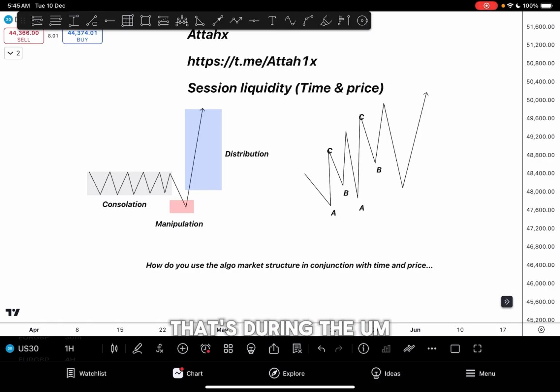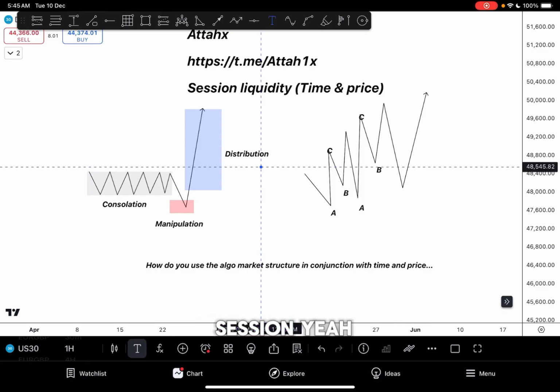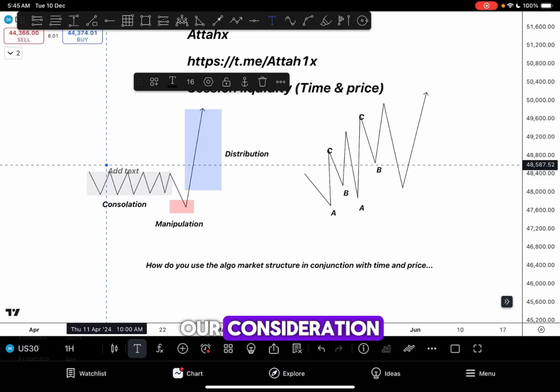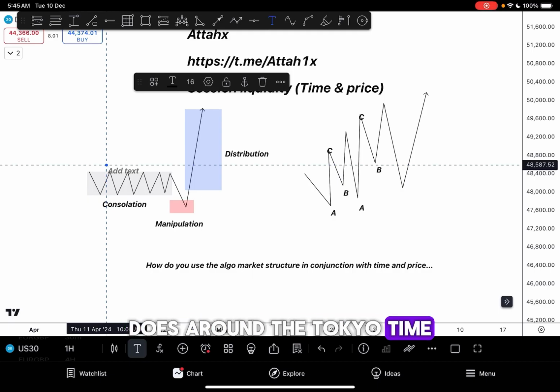That's during the Tokyo session. Yeah, because most of the time, our consolidation usually happens during the Asian session. That's around the Tokyo time.